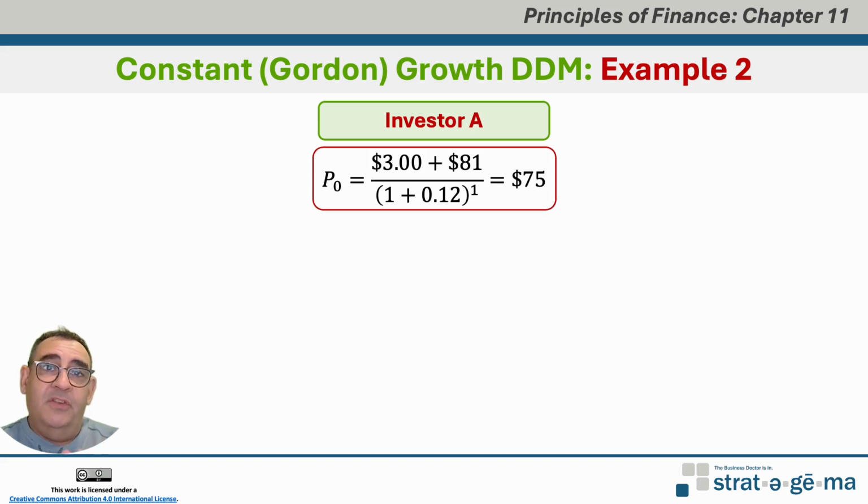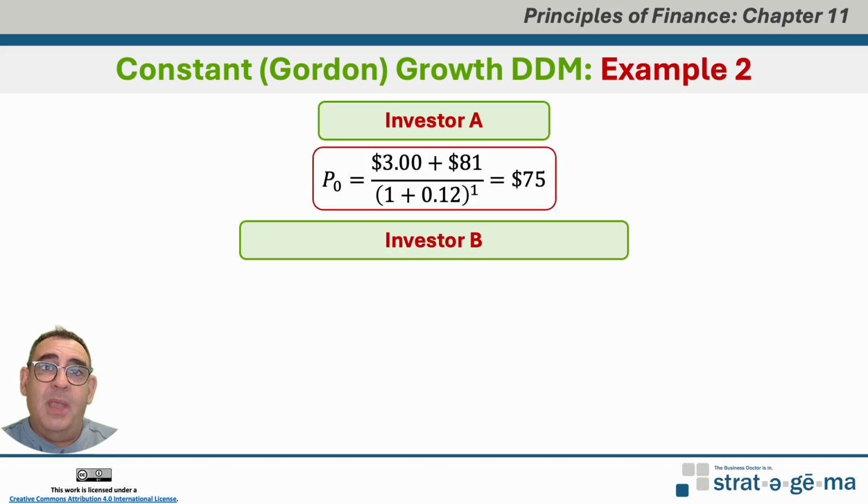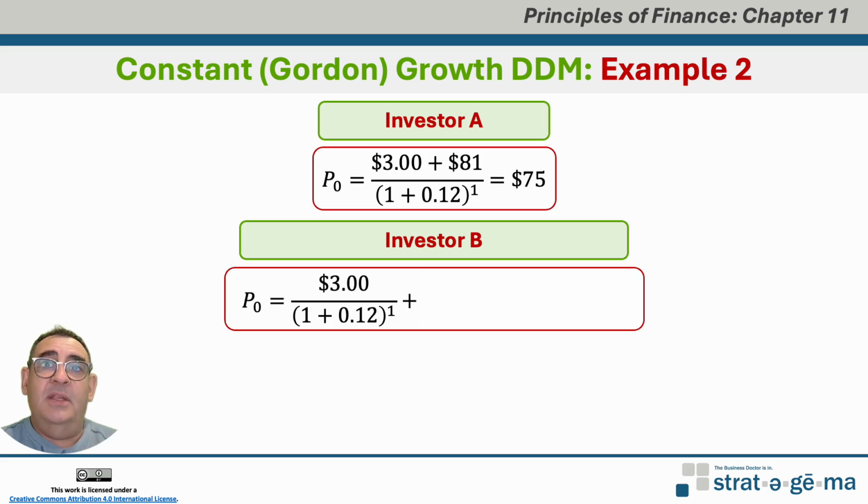If we look at investor B, well, we have to start mapping out what investor B's cash flows are going to look like. So investor B is going to get the dividend at the end of year 1, but also the dividend at the end of year 2. So with the 8% growth rate, D1 will grow to D2 of $3.24. $3 times 1.08 is $3.24.